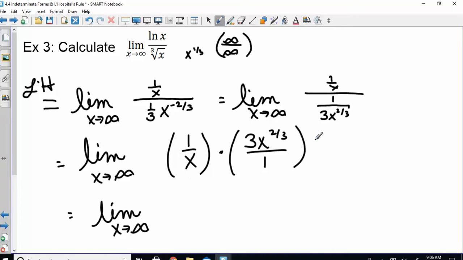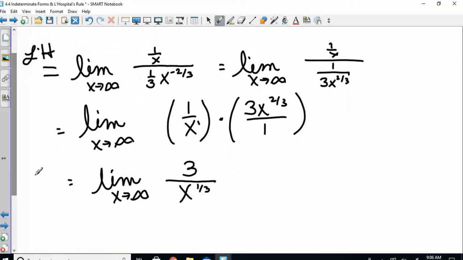If they're both on the top, you add them. If one's on top and one's on bottom, we subtract. This is next to the first, so that's bigger, so it'll end on the bottom. 1 minus 2/3 is 1/3. So this gives us 3 over x to the 1/3.